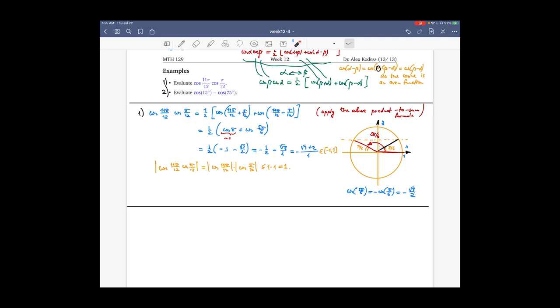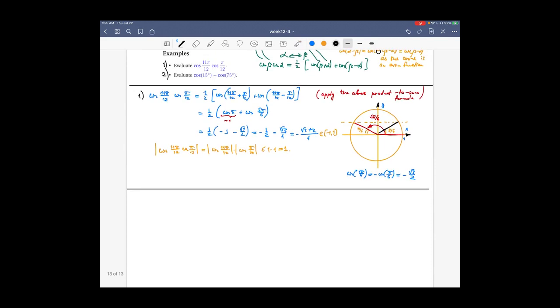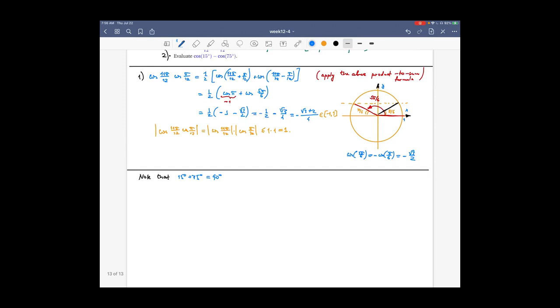Here we don't need to compute them separately, because we note that these two numbers, 15 degrees and 75 degrees, add up to 90 degrees. And also the difference of them, 15 minus 75, is negative 60 degrees.